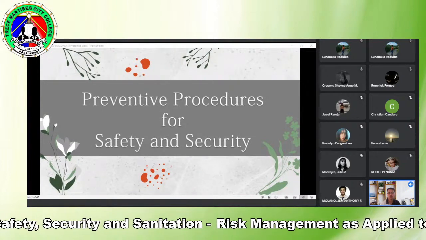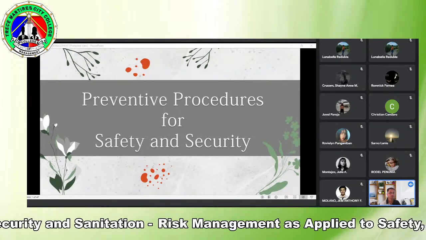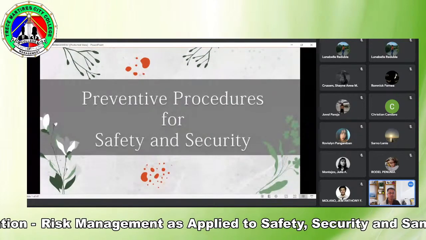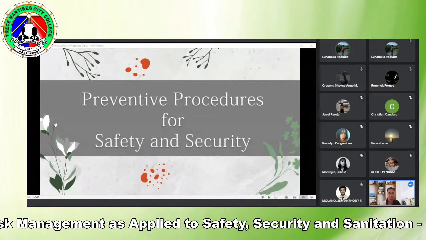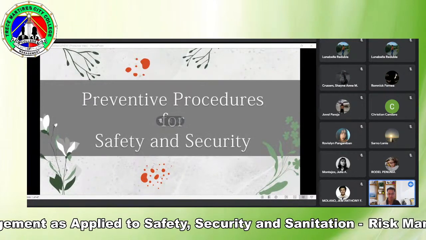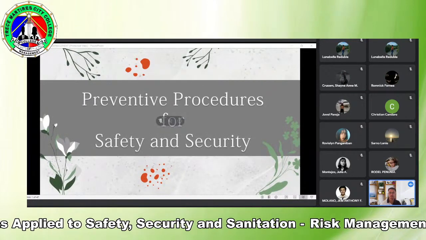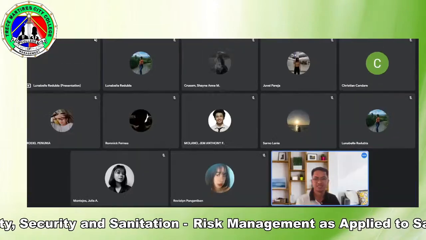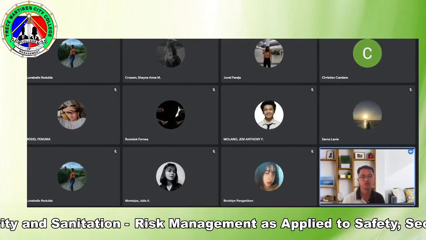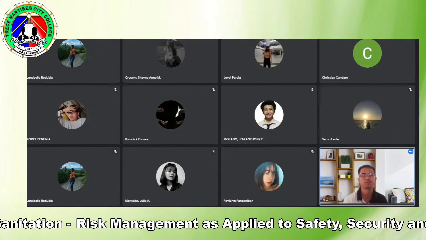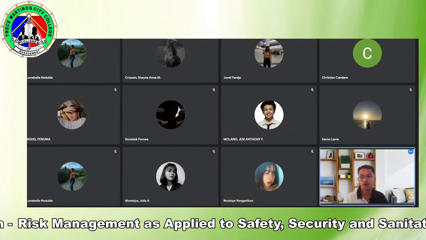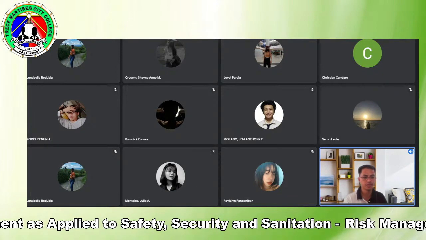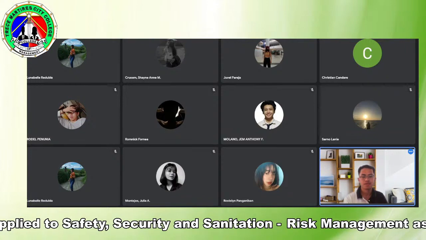Alright, so before we formally start, sige, Ms. Redubla, if you have time to edit the presentation. Preventative, ang sa pagkakaalam ko ha, it's almost the same thing, but the title for lesson 2.2 is preventative procedures for safety and security.